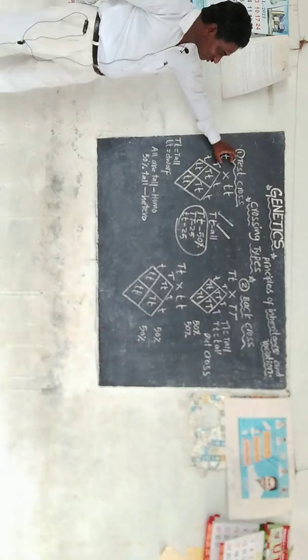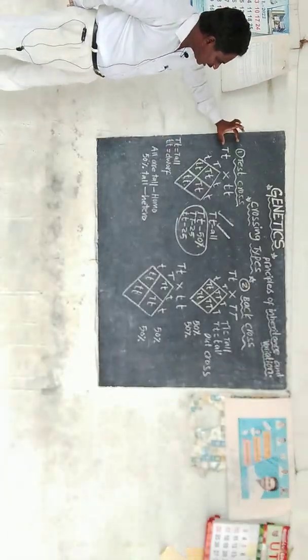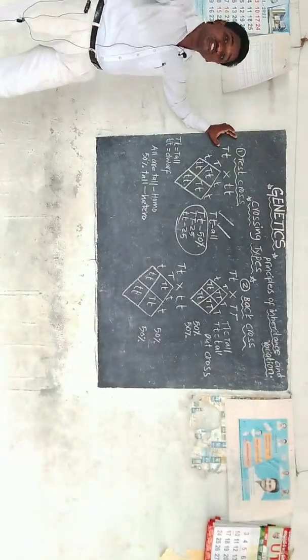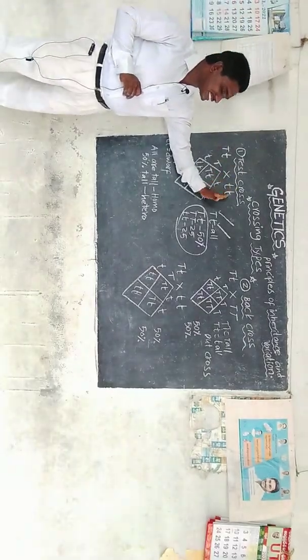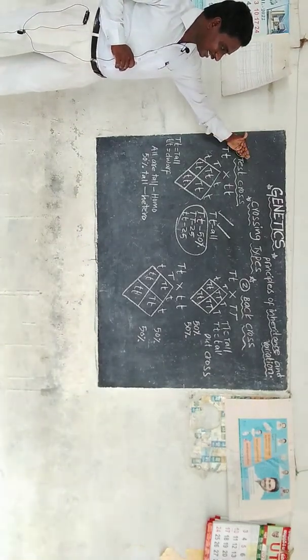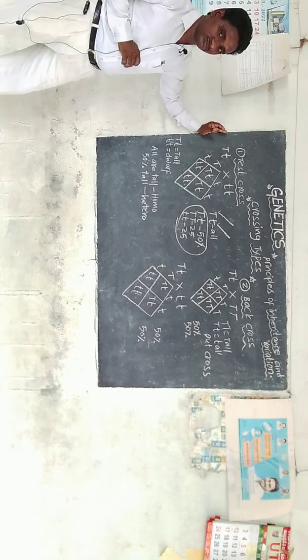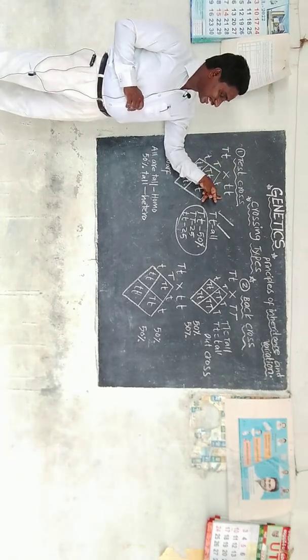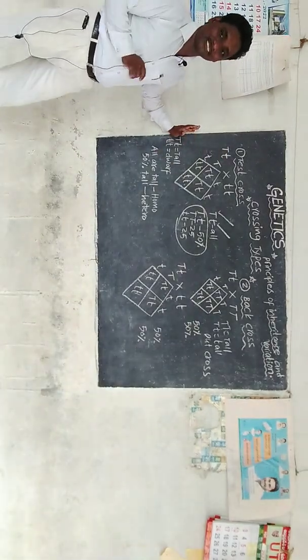So the test cross is done between the dominant phenotype whose genotype is not known and the recessive phenotype. That means one of the parental characters is dominant in the first and second generation. The other parental character is not expressed in the first generation, but it is expressed in the second generation.